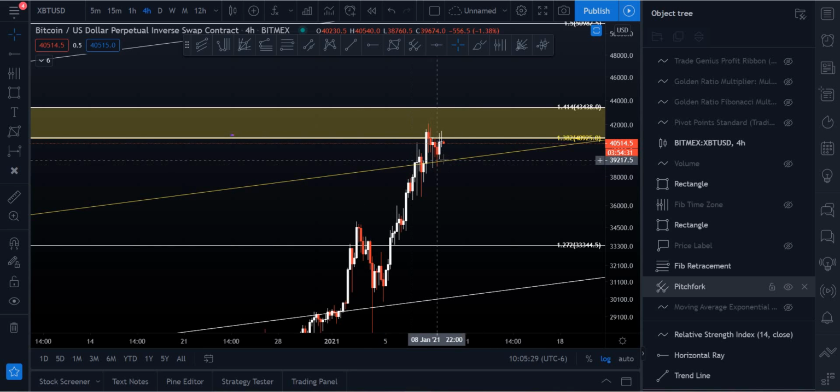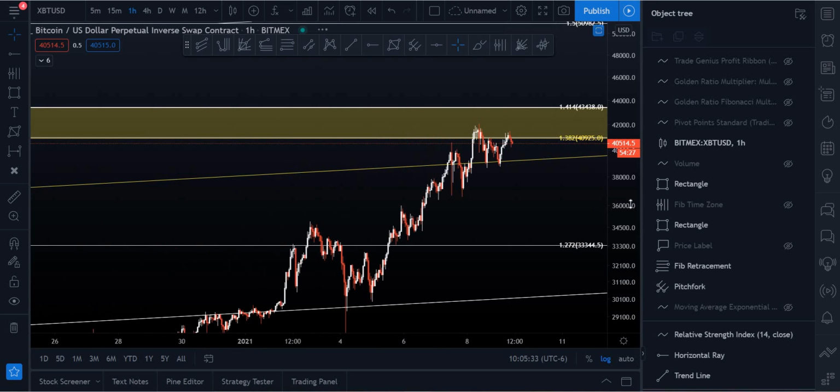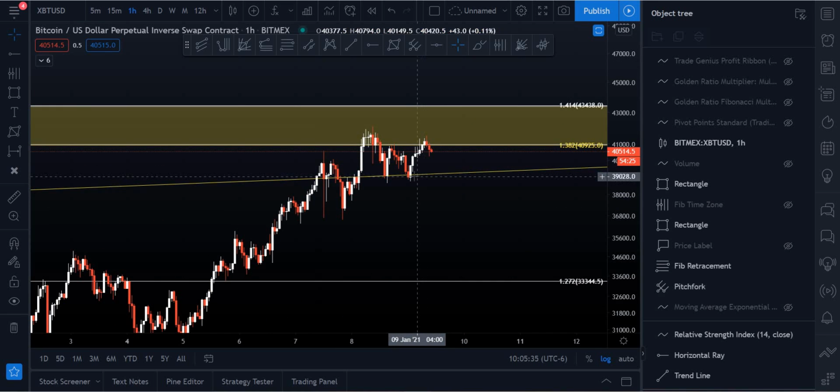And I think that a loss of this level on a formal closing basis right here could tell us, and that's basically your previous day value area low. You know, that 39K level, 38.5 I think is what we were calling it. If we lose 38.5, again looking down to 36, anything underneath that, and you've got the weekly open and golden pocket coming in at that 33, give or take 1,000 level.